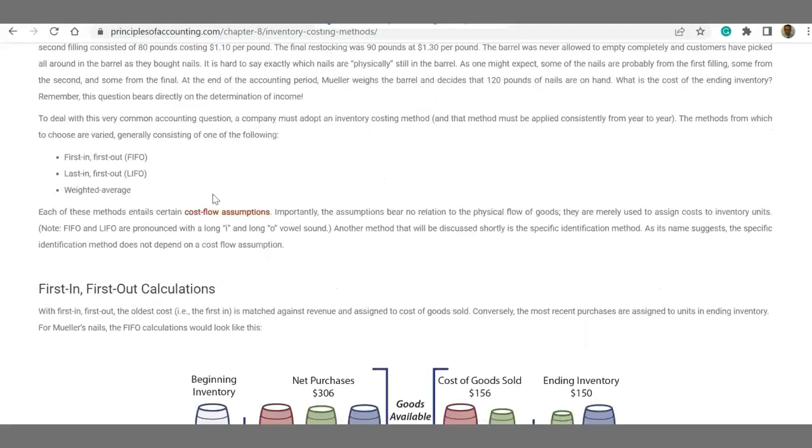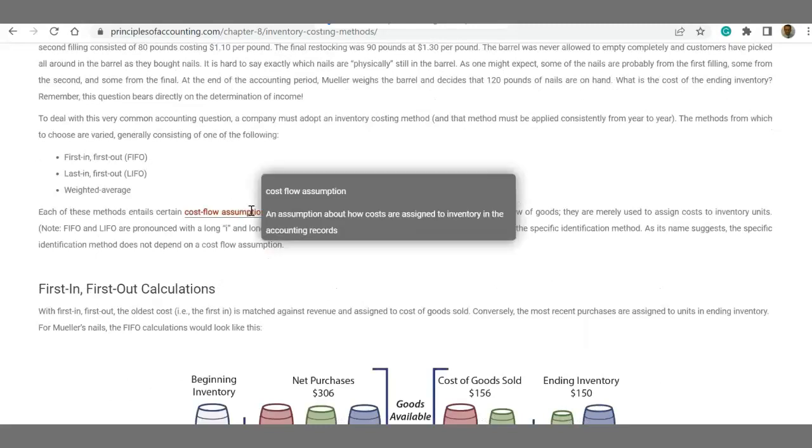Okay, the cost flow assumptions are important because you have to assign a cost flow system in inventory accounting and keeping records.